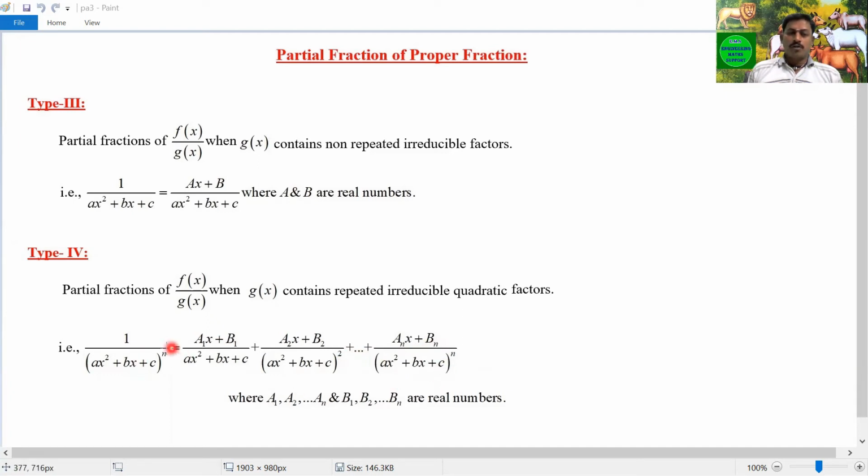Here, the power of the quadratic factor is n. For each power we write a term like this.